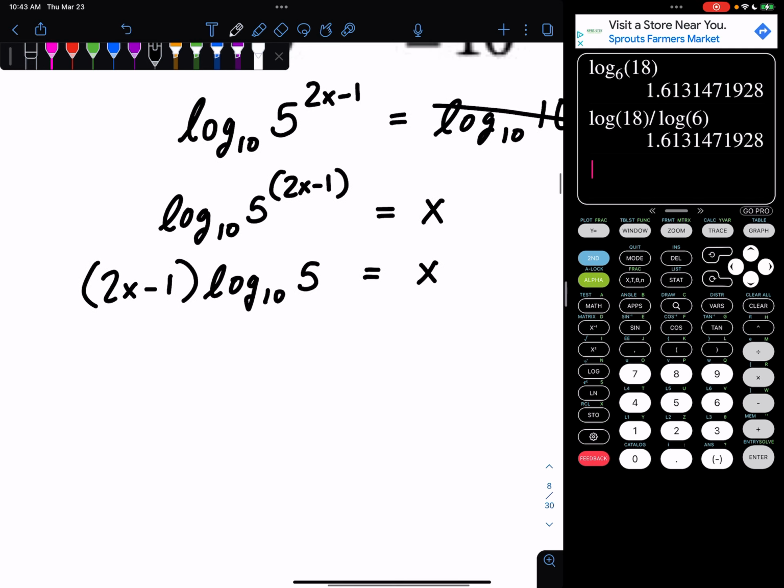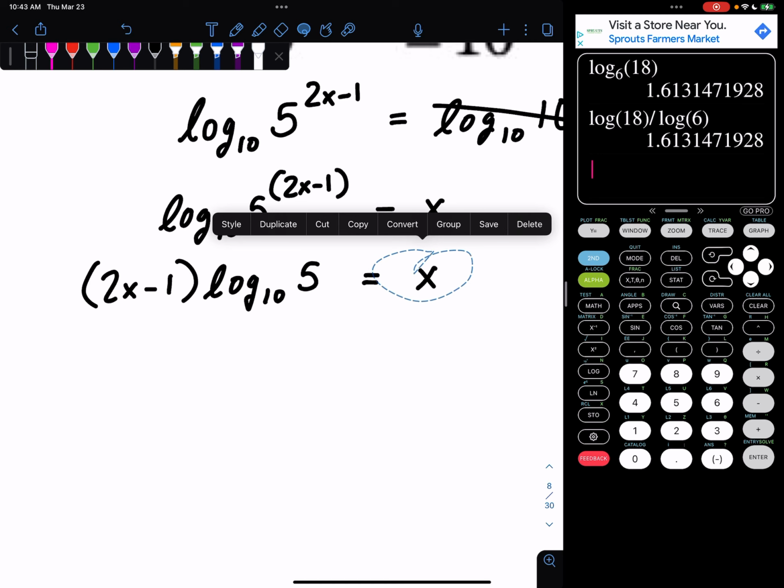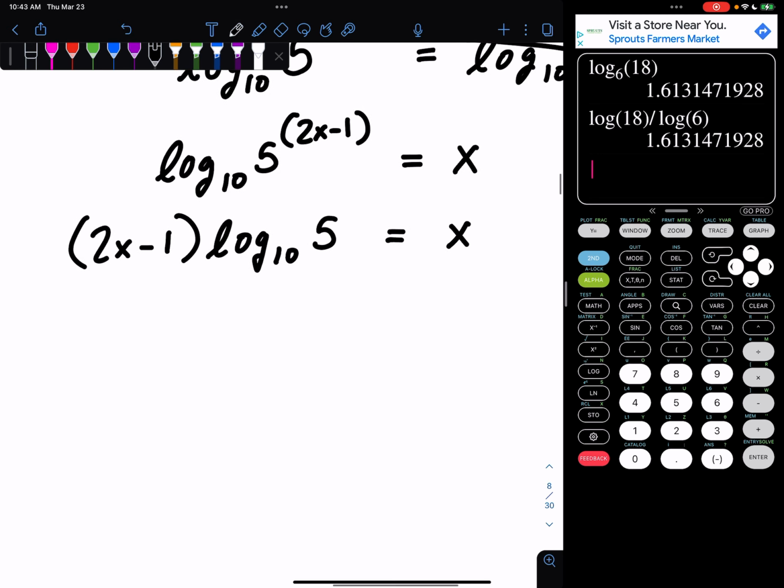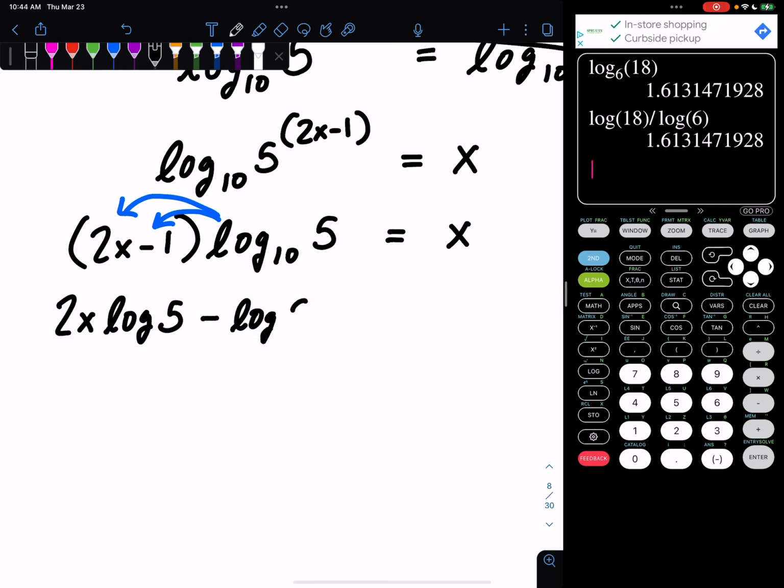And because that exponent is in front now, what we really can do is we can take these problems and we can actually go through and distribute that 2x minus 1. This is where sometimes it gets confusing. But you're going to distribute this to each piece here. Switch colors for you. You're going to distribute here, and you're going to distribute into here. So you're going to end up with 2x log 5 minus log 5 is equal to x.